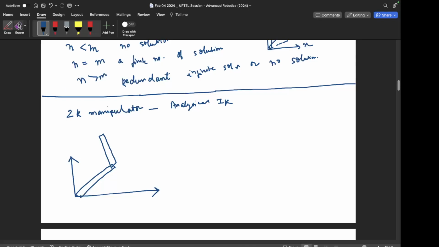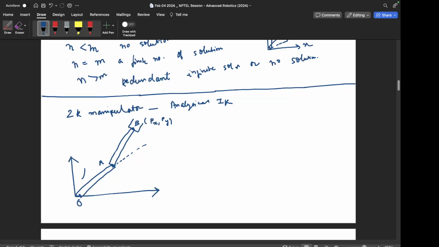Wait, let me draw it like this. Okay, this is the first joint O, this is the second joint A, and this is the end effector B. So let the position of the end effector be given by Px, Py.